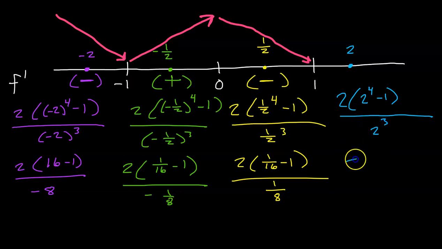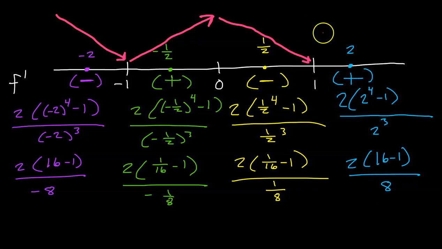That's going to give us 2 times 16 minus 1 over 8, a positive in the numerator and a positive in the denominator. The derivative is positive in this interval, so the function is increasing during this interval.